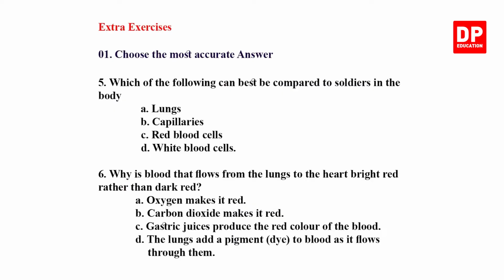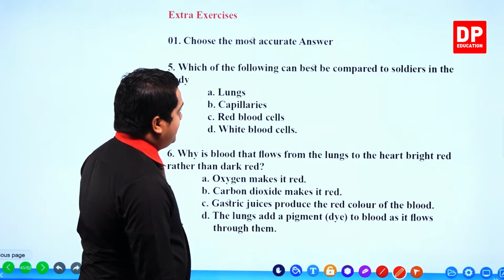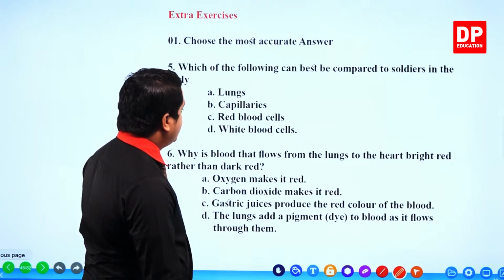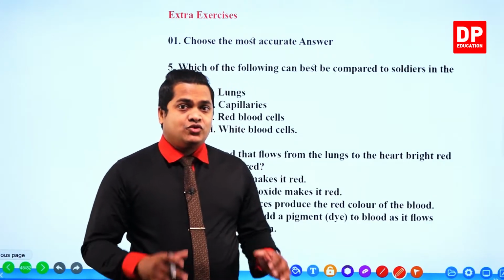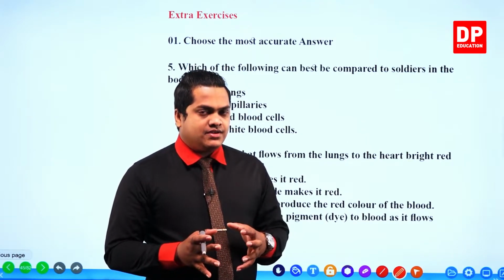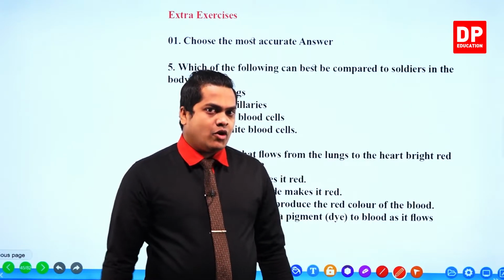Next one, question number 5. Which of the following can best be compared to soldiers in the body? Soldiers in the body means the defense mechanism. So what can be considered as the defense mechanism or the soldiers within our body?